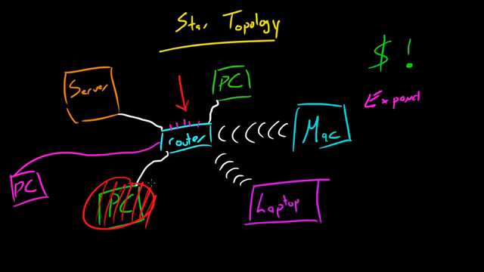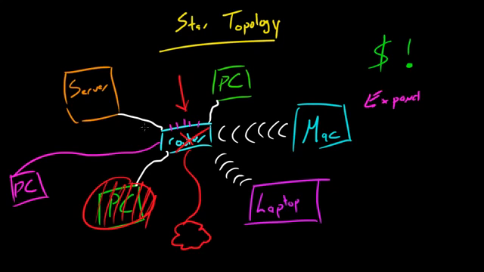So that means, unlike before with our ring topology, our double ring, whenever this router goes down, every single computer is no longer able to access the internet. So that's one negative part about this, that every node is dependent on one single central device. And if this gets broke, your router, well, then you're screwed. Your entire network goes down.